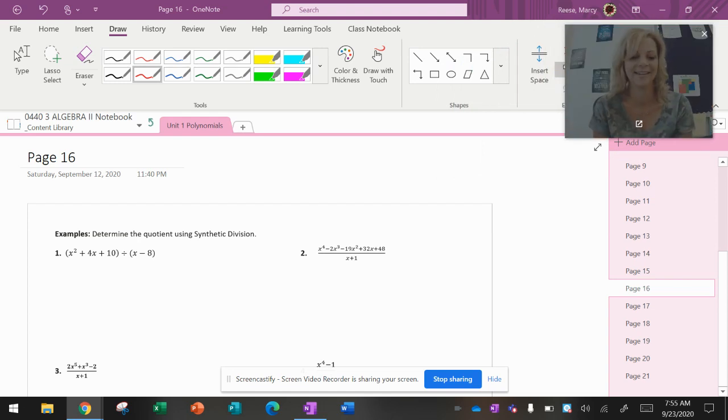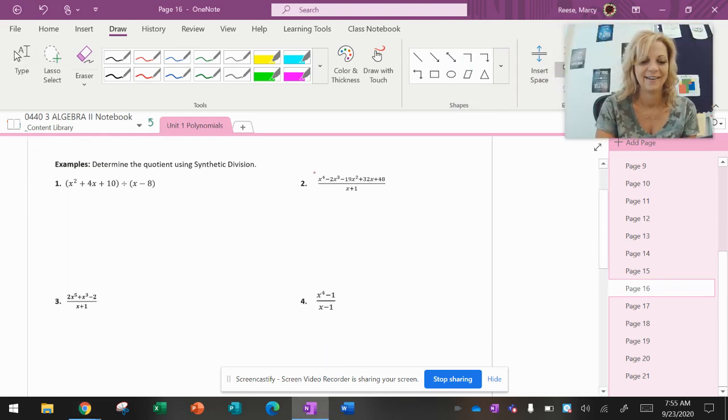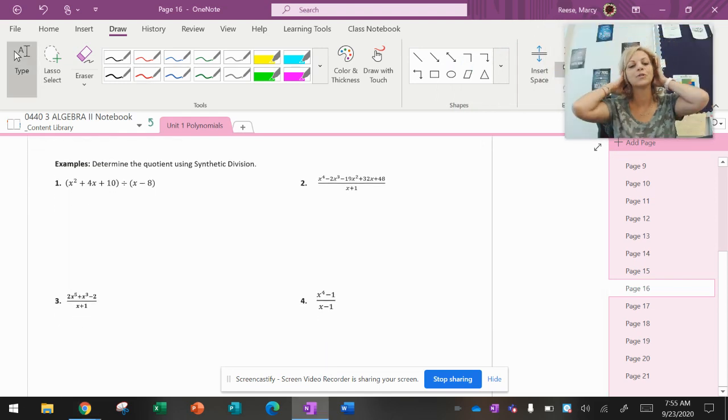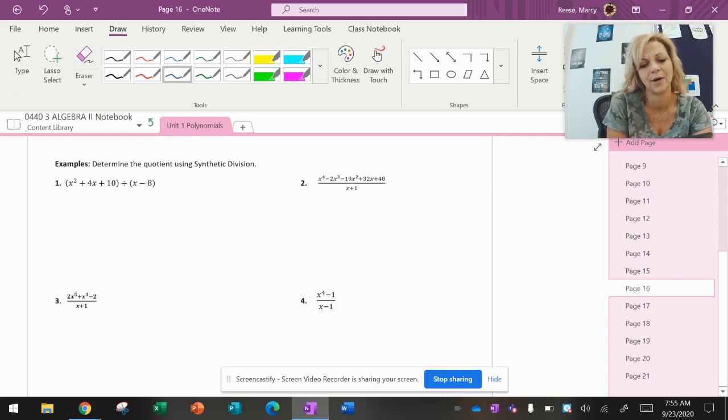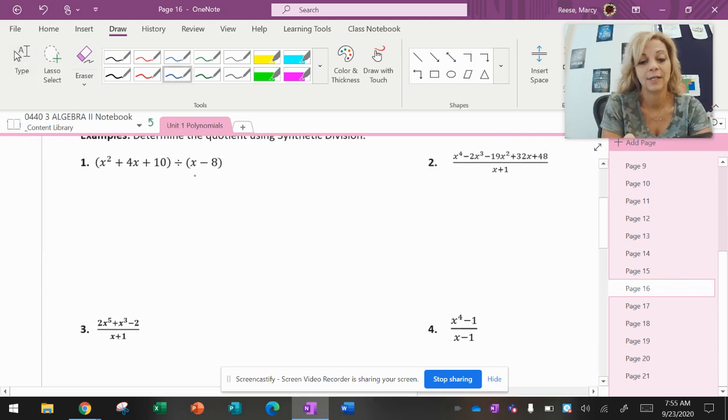There we go. Okay. Determine the quotient using synthetic division. Okay, here we go. We're going to do it again. Much faster method now. Ready? You're going to take, this is the potential factor, x minus 8, right? You're going to find the root of that.